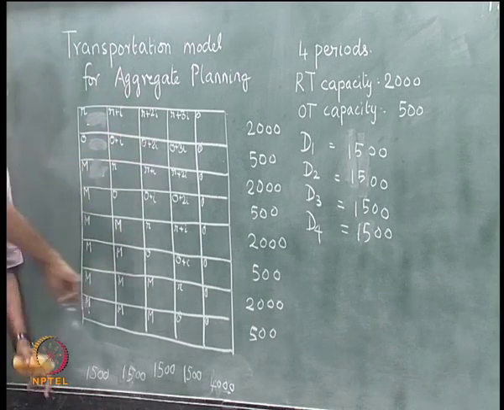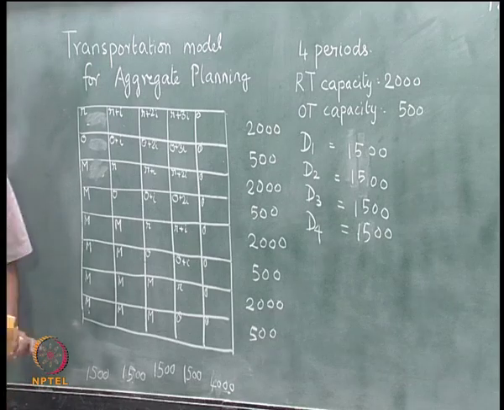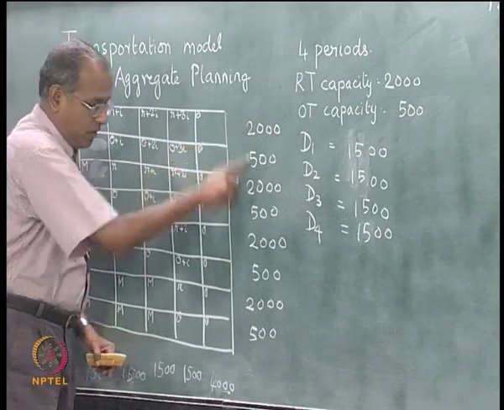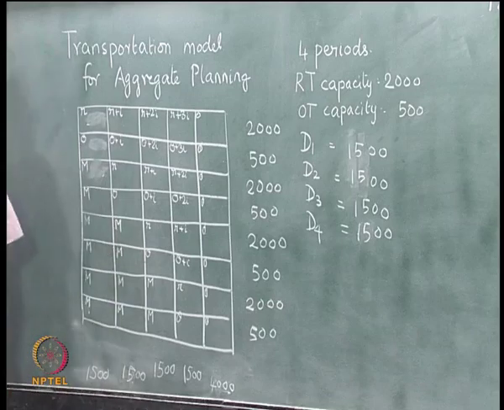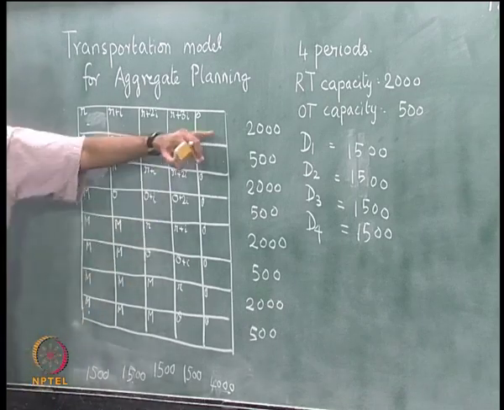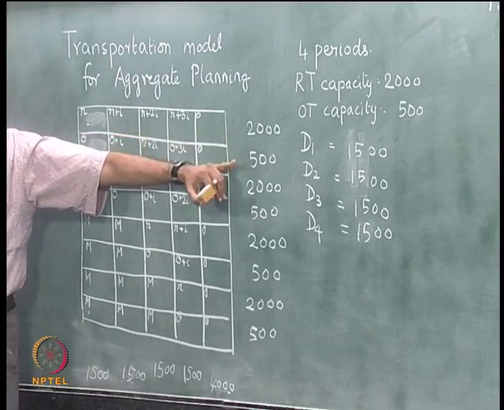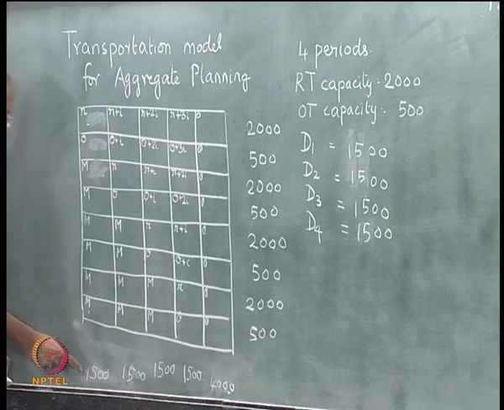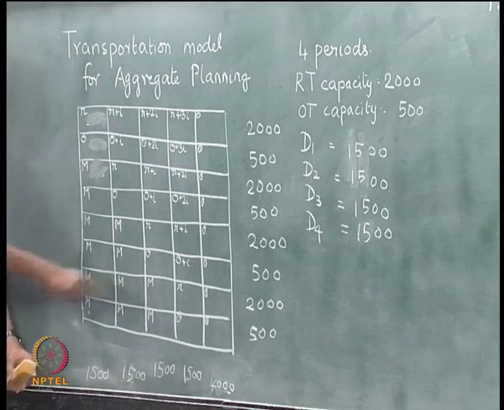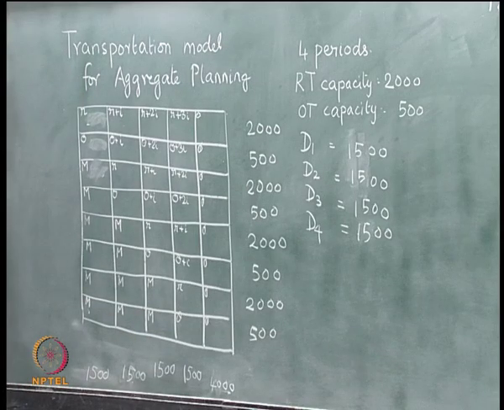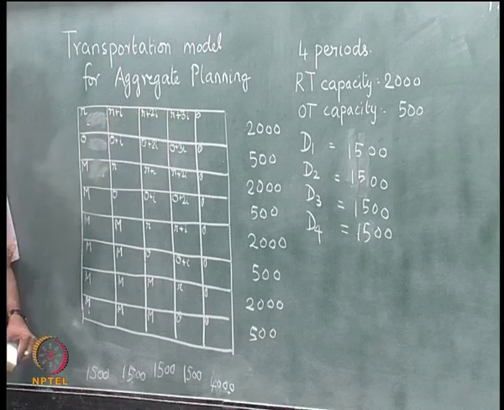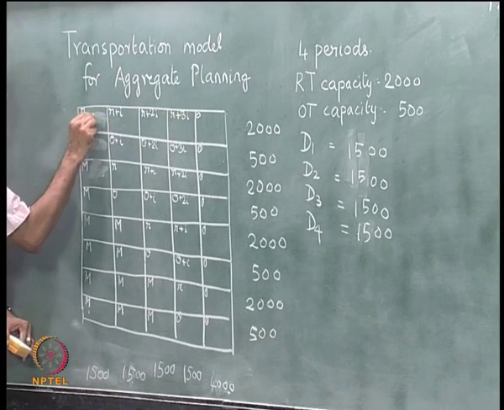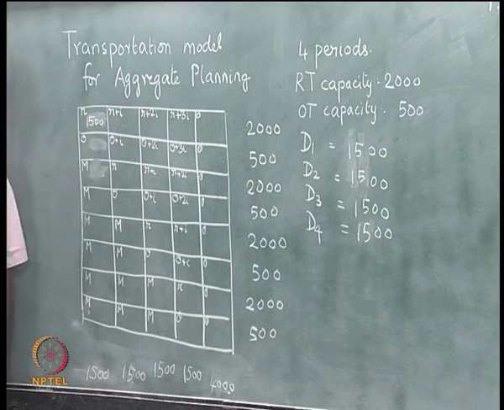Now, before I start solving from the beginning, let me explain to you that the 4 capacities are 2500 in each month, with 2000 as regular time capacity and 500 as overtime capacity. The 4 demands are now 1500 for me. So, what I do is I apply the northwest corner rule. So, I first get 1500 out of this.